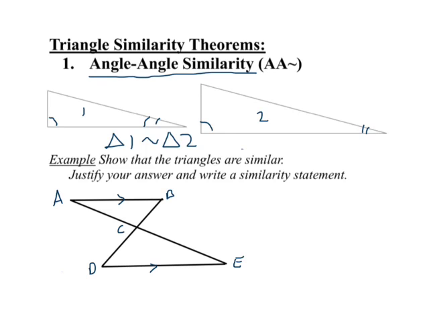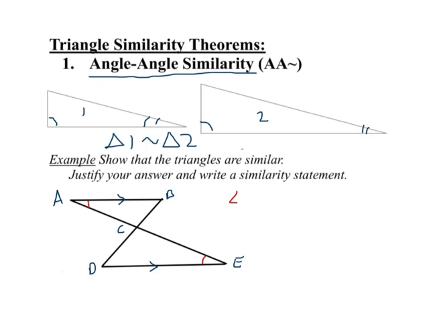Alright, so here's an example where we want to show that these triangles are similar, and we want to justify our answer. So we've got 2 triangles up here and down below. We know that these 2 sides are parallel. Okay, we've got a couple marks here given to us that the arrows, remember, say that these 2 lines are parallel. So since these are parallel, we got to go back and think about all our different angles. And we know that when we have parallel lines, these angles on the inside here are alternate interior angles.